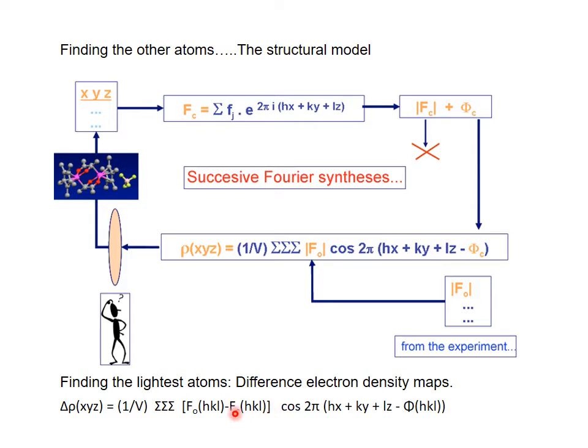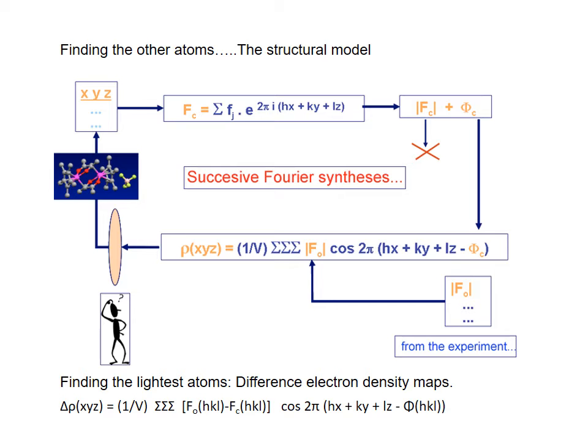But when you calculate the difference electron density map by subtracting the calculated structure factors from the observed structure factors, in the calculated phase, then you can again find peaks, and these peaks can then be associated with the lightest atoms. So at the end of this process, you have a structural model for your crystal structure. But that structural model is still pretty rough, so the atom positions are still not very accurate.